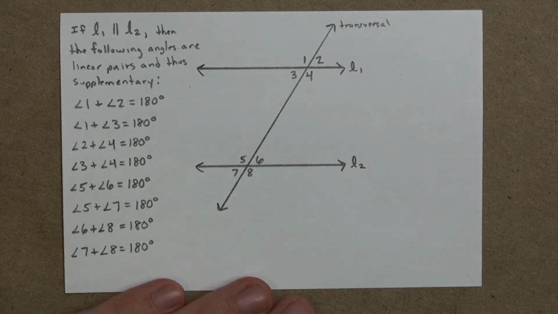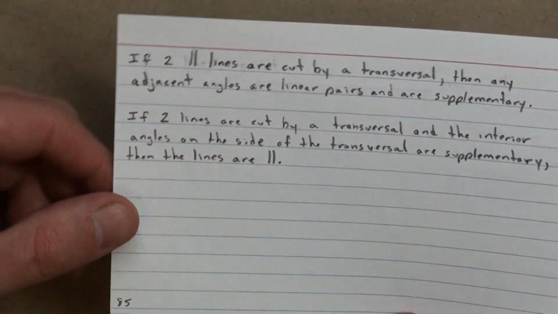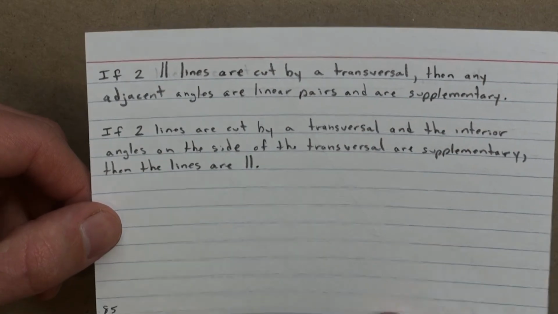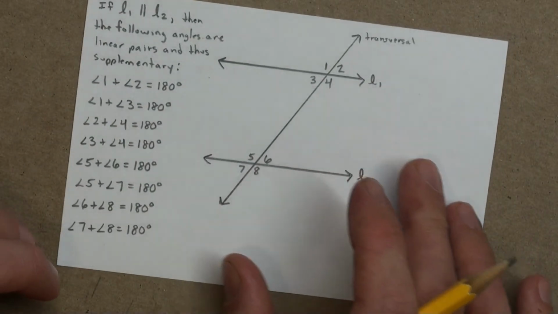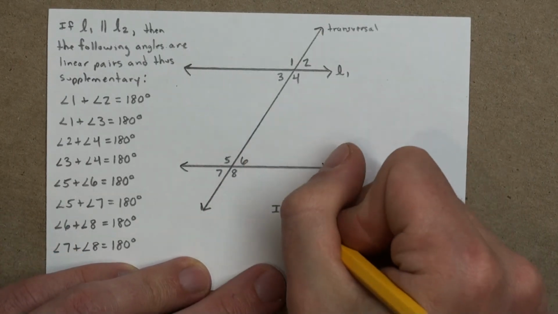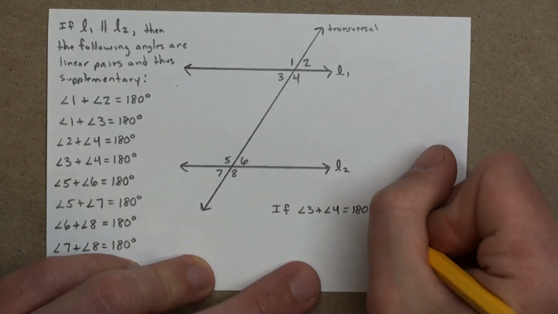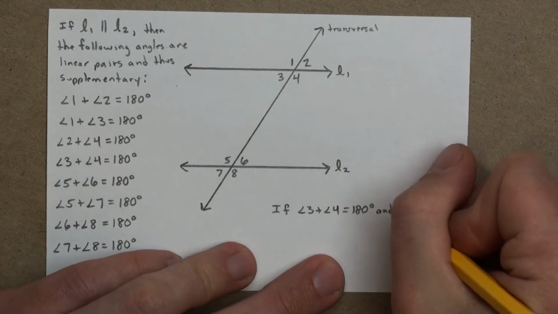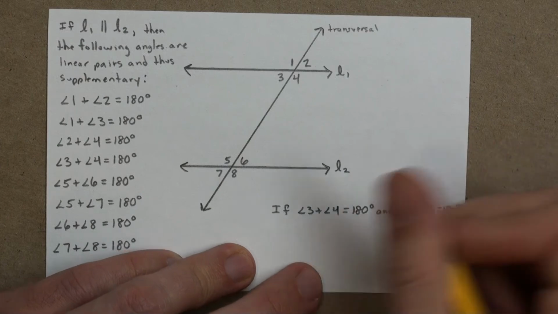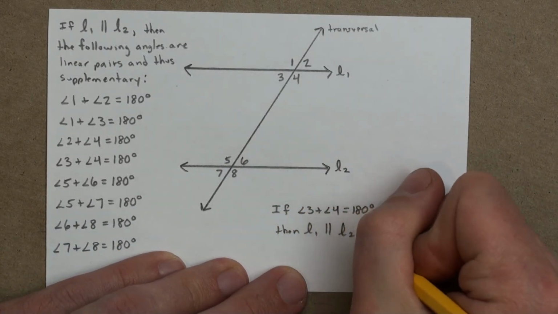And also, so let me see. If angle 3 plus angle 4 equals 180 degrees, and angle 5 plus angle 6 equals 180 degrees, then L1 is parallel to L2.